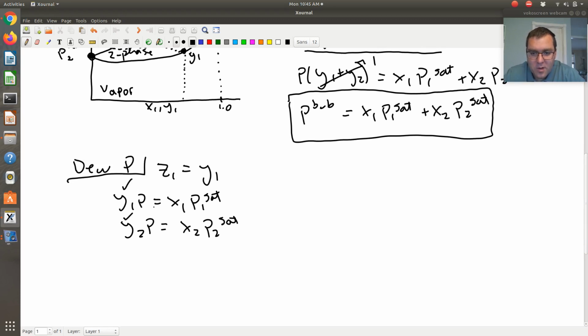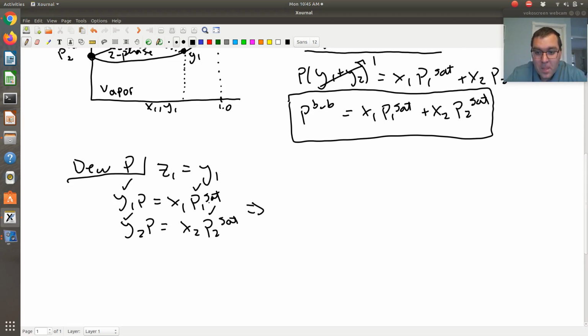P is what I'm trying to solve for. I don't know X, but I know P1 sat and P2 sat. So it'd be great if I could do a similar trick and eliminate X. Now, I could just solve these 2 equations simultaneously, but so be it.